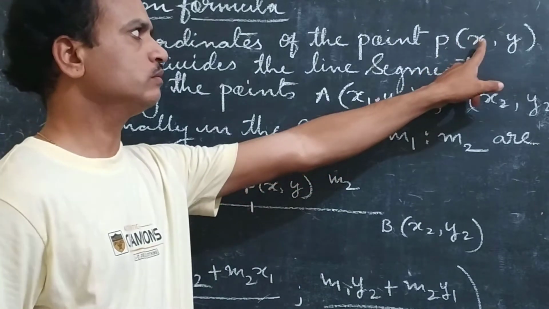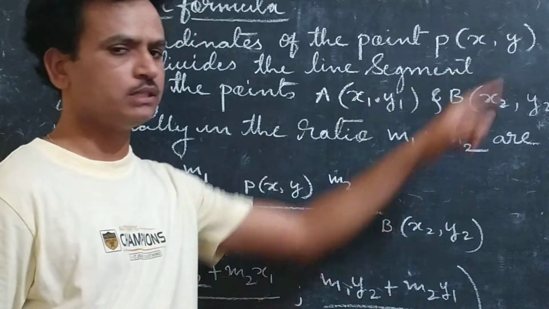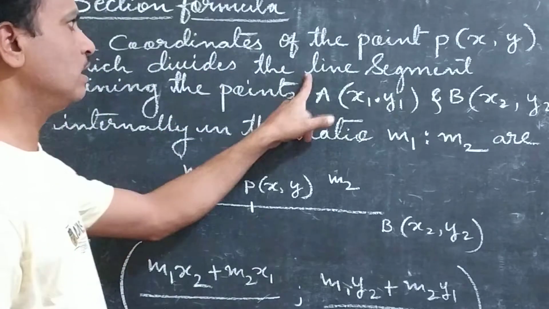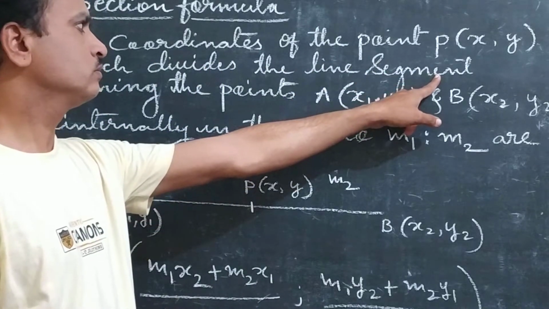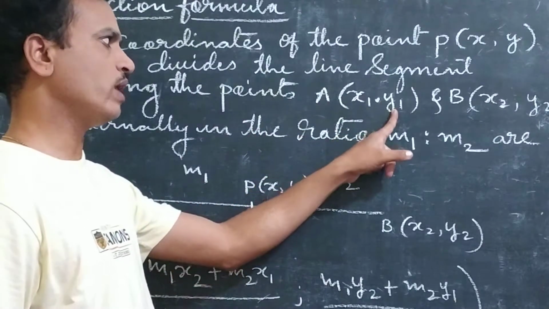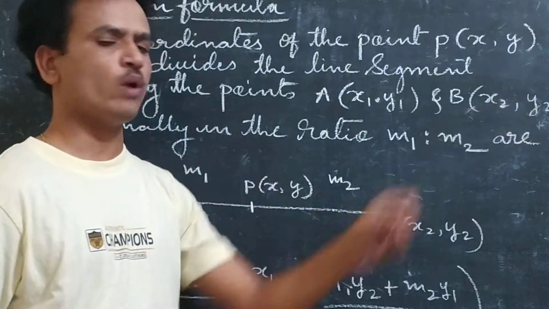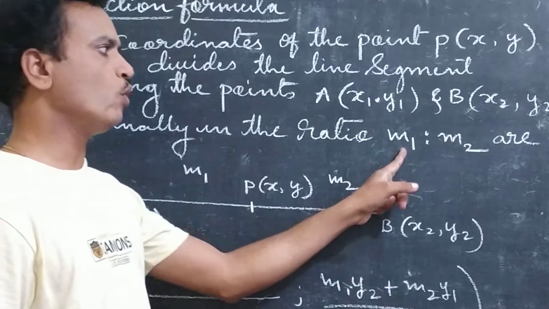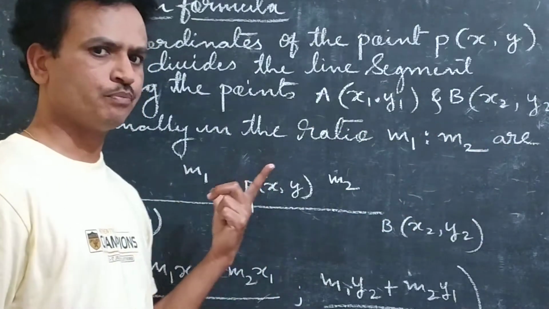Here x is the x coordinate and this one is the y coordinate. Point P divides the line segment joining the points A (x1, y1) and B (x2, y2) internally in the ratio m1 is to m2.